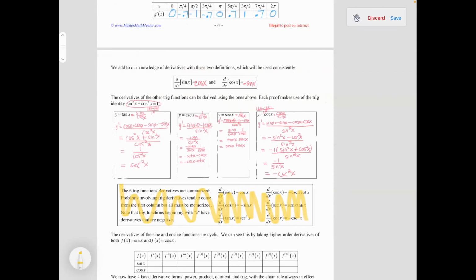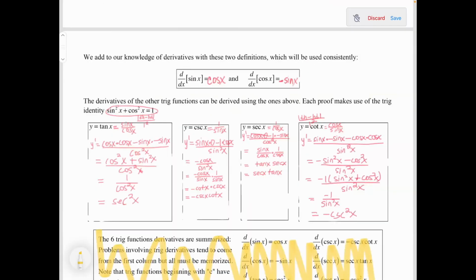Now, if we look at this idea of cosecant and secant, there's a nice way that we can remember the derivative of tangent, and we have secant and secant.